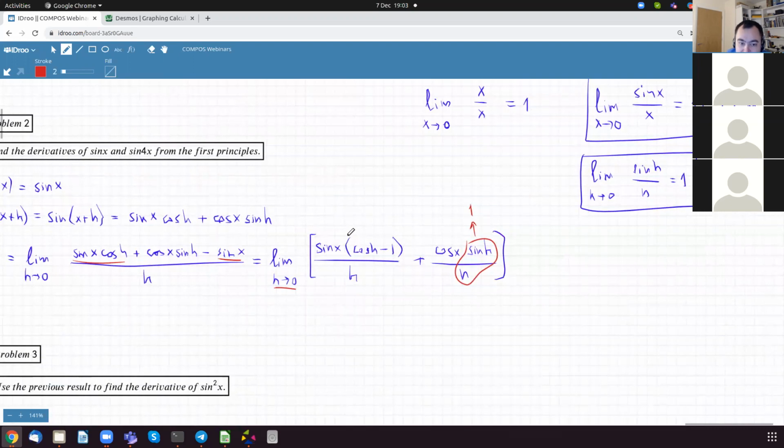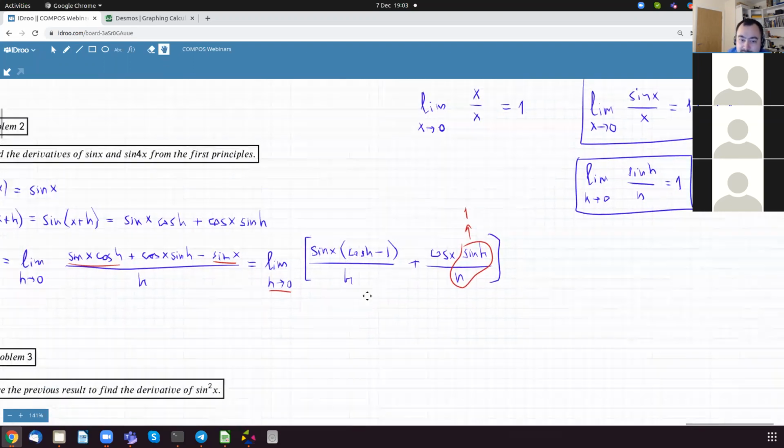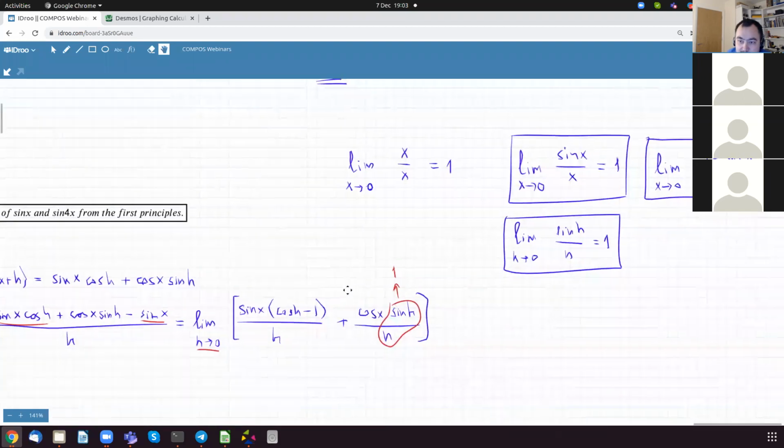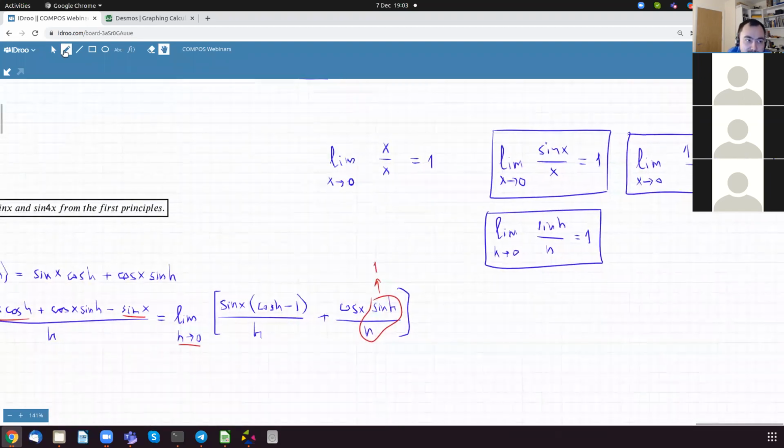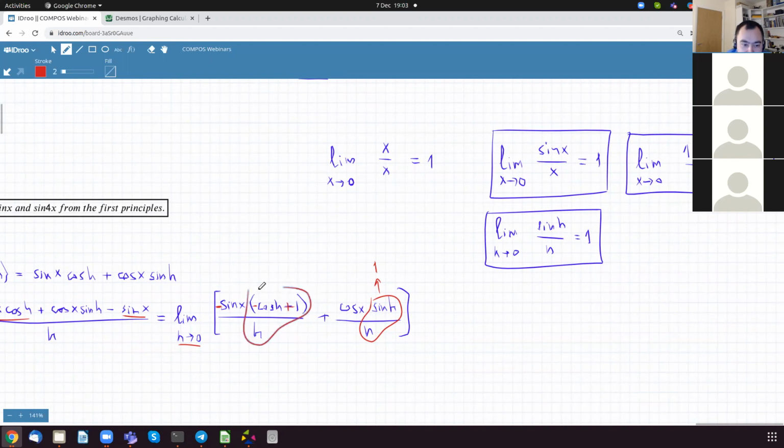And we've already seen that this expression was 1 minus cos x, but all you need to do is just take minus here. And this becomes minus, and this becomes plus. This is the expression, and this expression tends to 0.